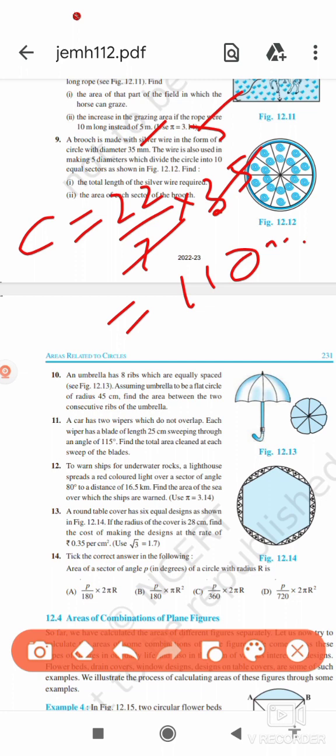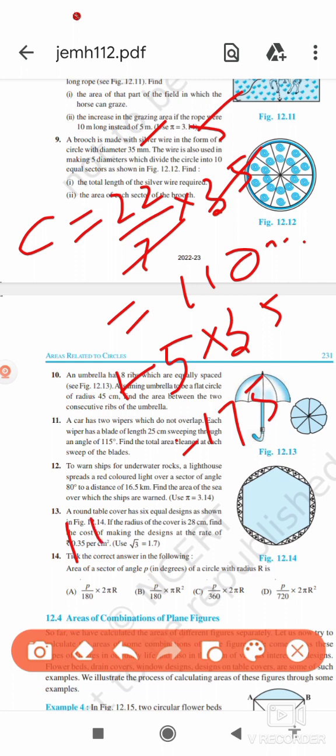Now the wire is also used in making 5 diameters. So plus 5 diameters means 5 into 35, which is 175. So 110 plus 175, that I would require. So that comes to 285 mm.